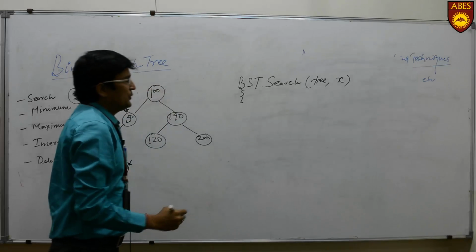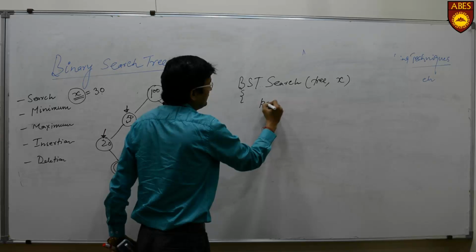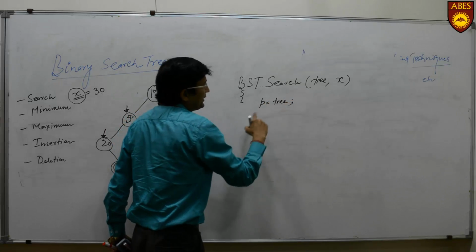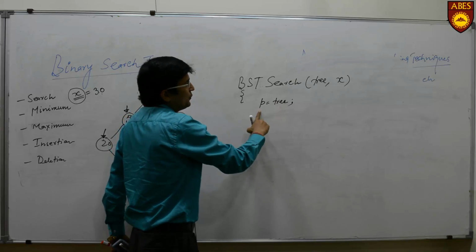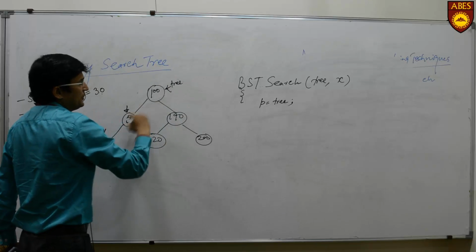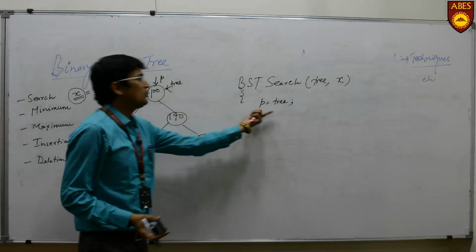For searching, we will traverse the binary search tree until we reach the leaf node. For traversing, let's take another pointer P, which is at the root node. We are considering that tree is the pointer to the root node, and we are taking P also to point at the root node, by the assignment P equals tree.